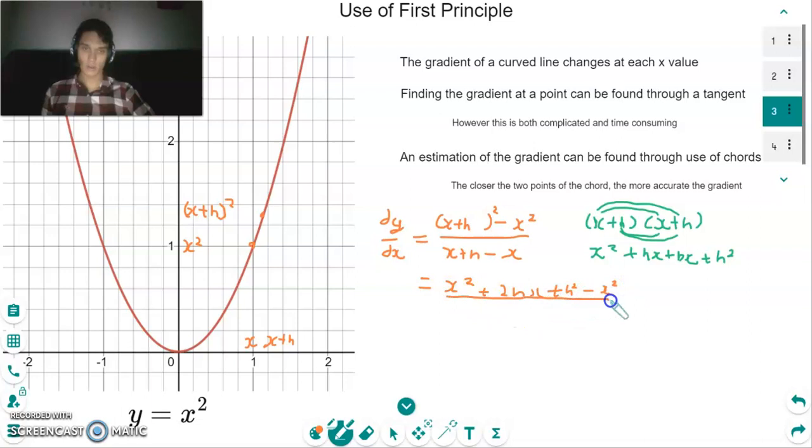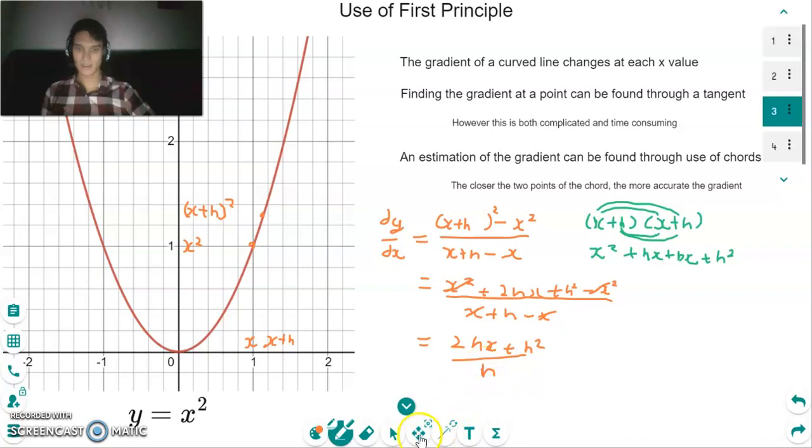Now this is all over x plus h minus x. Now again, we can simplify this. We can see that there's an x squared and then minus x squared here, and an x and a minus x here. So we're just going to remove those. They're going to cancel each other out. So we're going to end up with 2hx plus h squared. It's all over h.